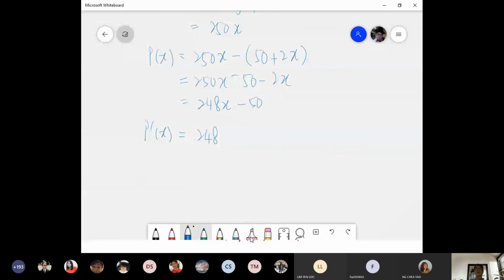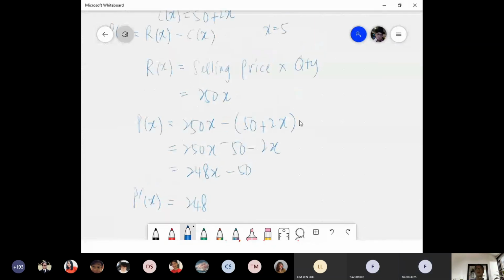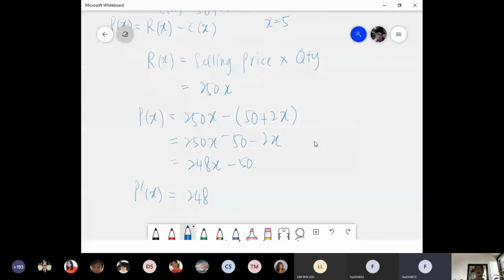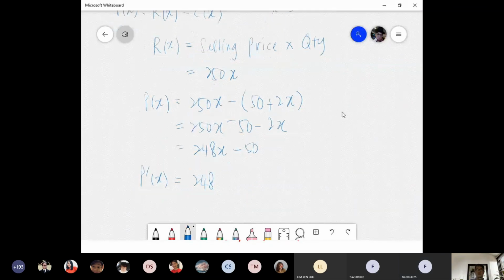Vân Phúc? What is the marginal profit when x is 5? It means the number of units sold per month is 5. What is the marginal profit? What is the profit when you sell the next unit?